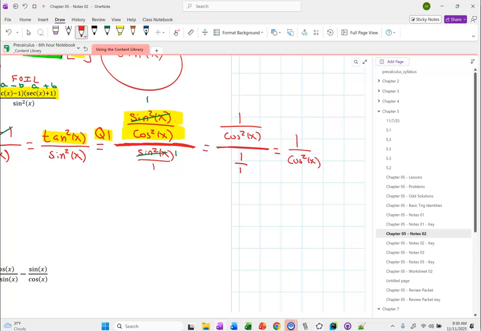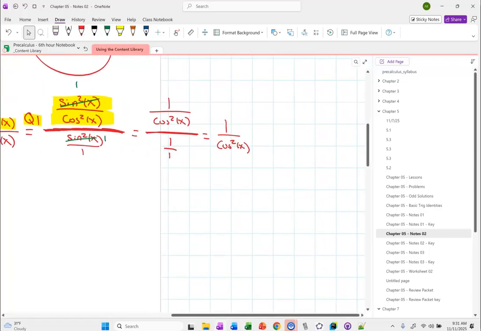So I'm going to go to my identity sheet and see if I have an identity for 1 over cosine squared. What do I have? R5, which says that 1 over cosine is equal to secant. But we have cosine squared. So what is R5 going to allow us to do?